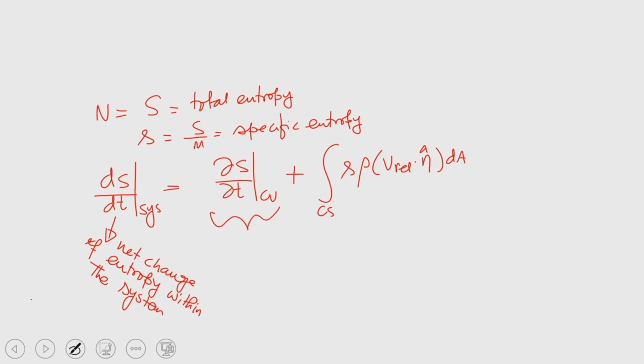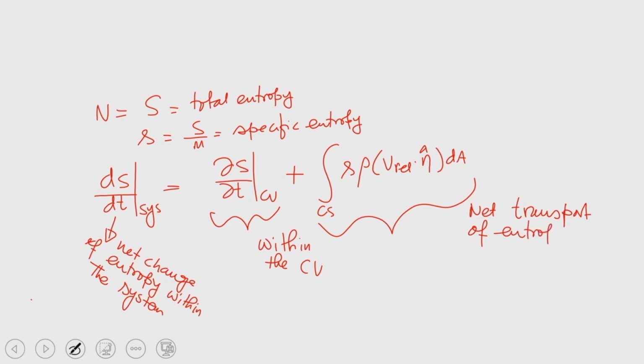This is the same within the control volume. What about this fellow? This is the net transport of entropy owing to the flow across the boundary.